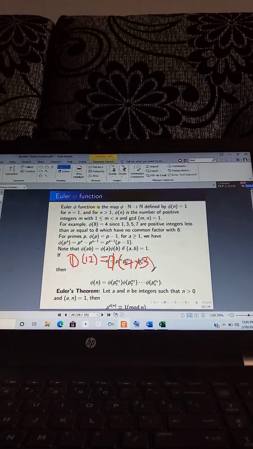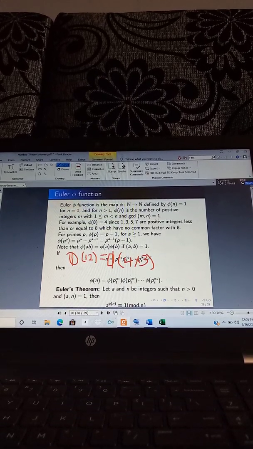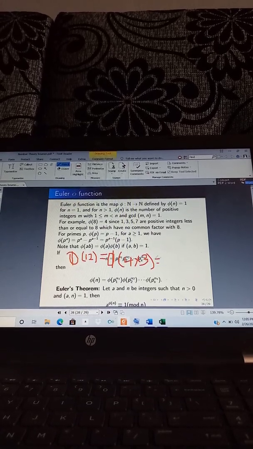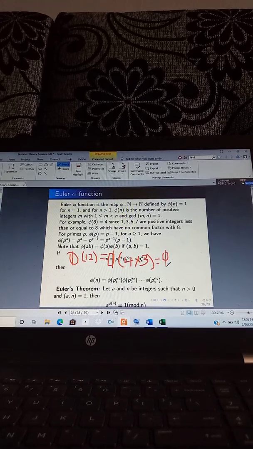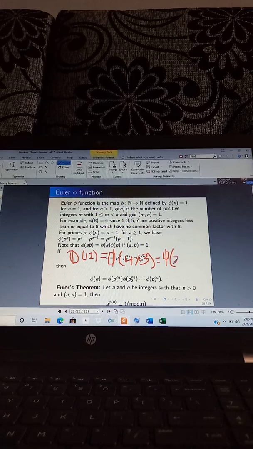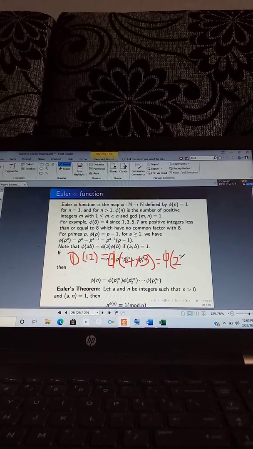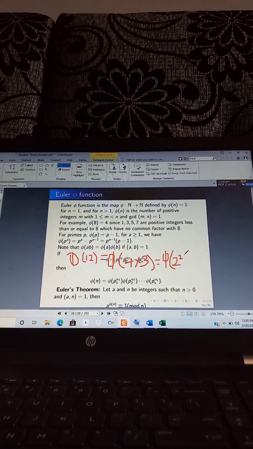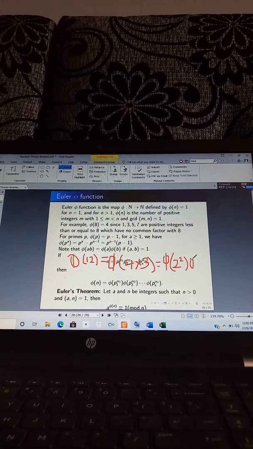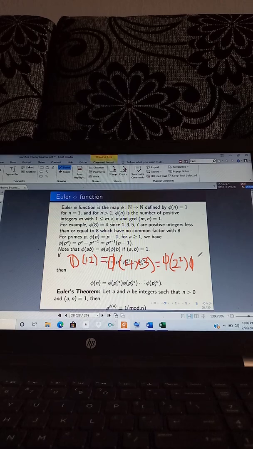We can see that 4 and 3 are co-prime, so we can use this. We put that in standard form: phi of 4 will be phi of 2 raised to power 2, times phi of 3 raised to power 1.